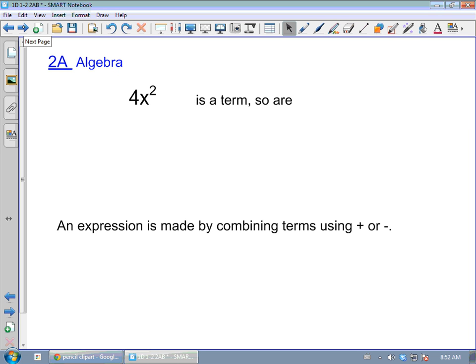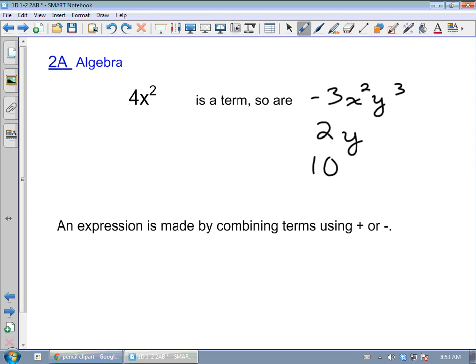Well, we'll just start with an example of a term. Something like 4x squared is a term. Okay? So is something like negative 3x squared y cubed, something like 2y, even something just like 10 is also a term.